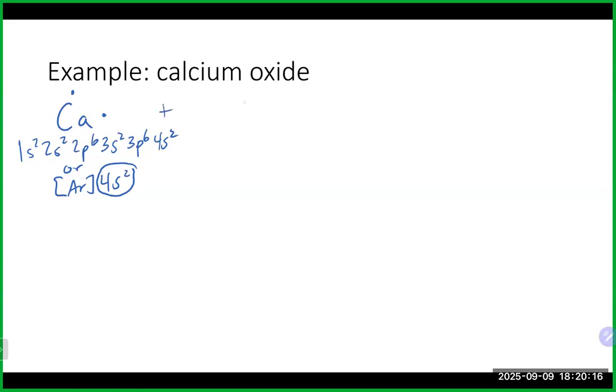We hook that guy up there with oxygen, which is group number 6, which means it's got 6 valence electrons. I guess I could have done it the other way. Actually, I will. I can get rid of one of those electrons on the bottom so I don't have to draw such a long arrow.